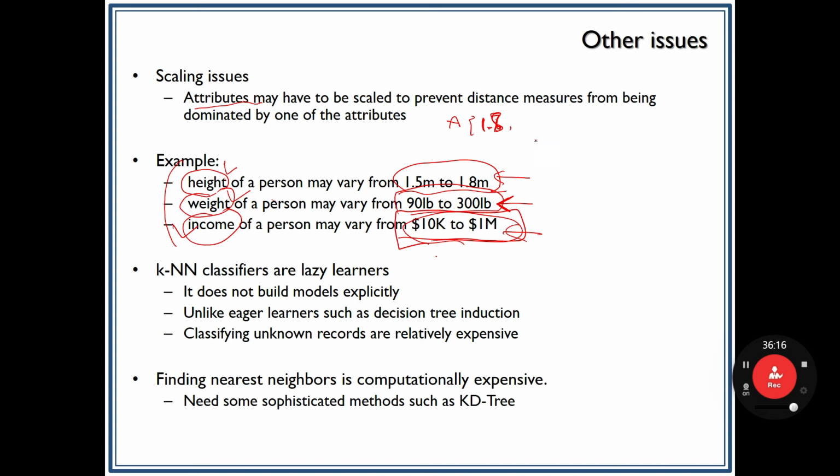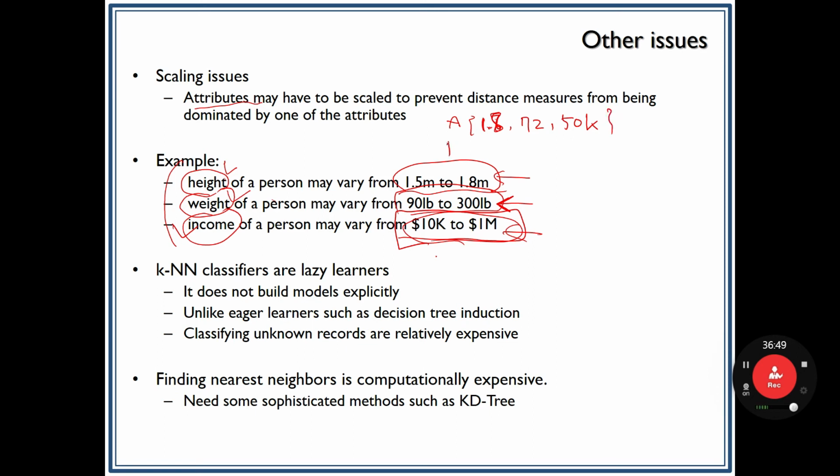And the weight, instead of pounds, let us use kilograms, is 72. And the income is 50,000 US dollars, which corresponds to about 50 million won in Korean won.